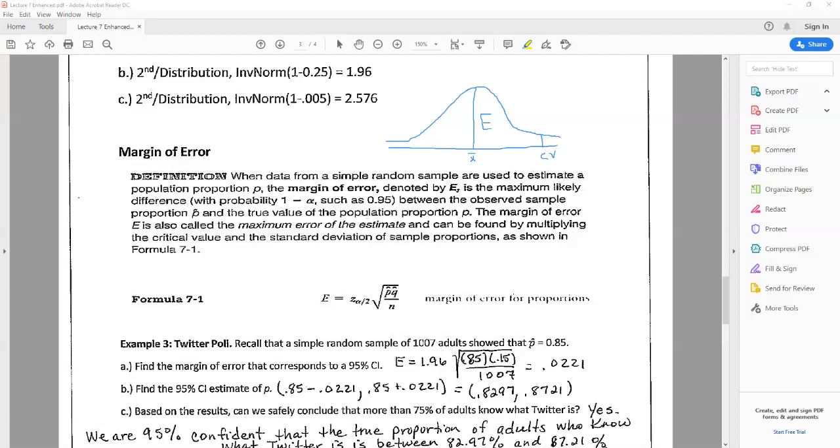Also, you would have the critical value on the left side. And again, you would have the margin of error in the left region. And of course, the margin of error on the left side would be equal to the margin of error on the right side because of the symmetry of the distribution.